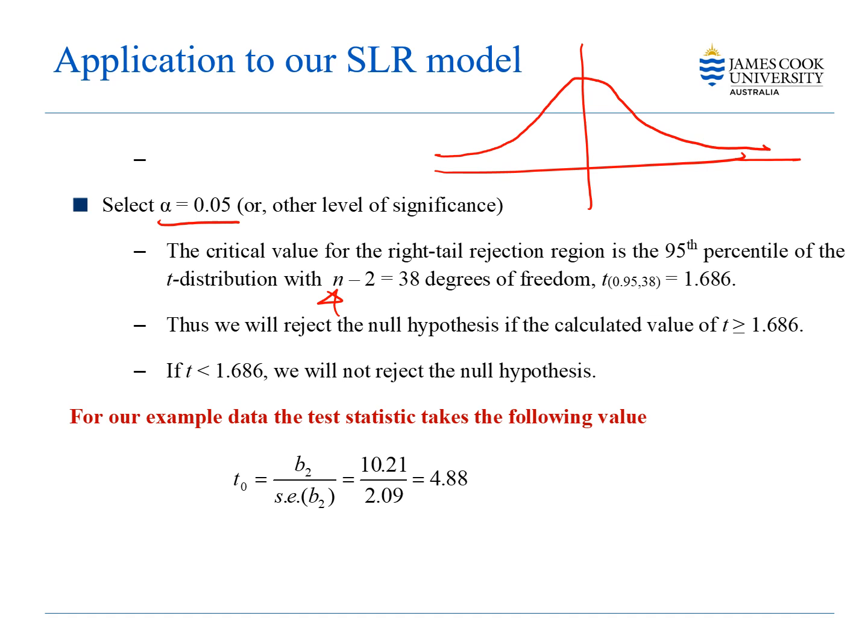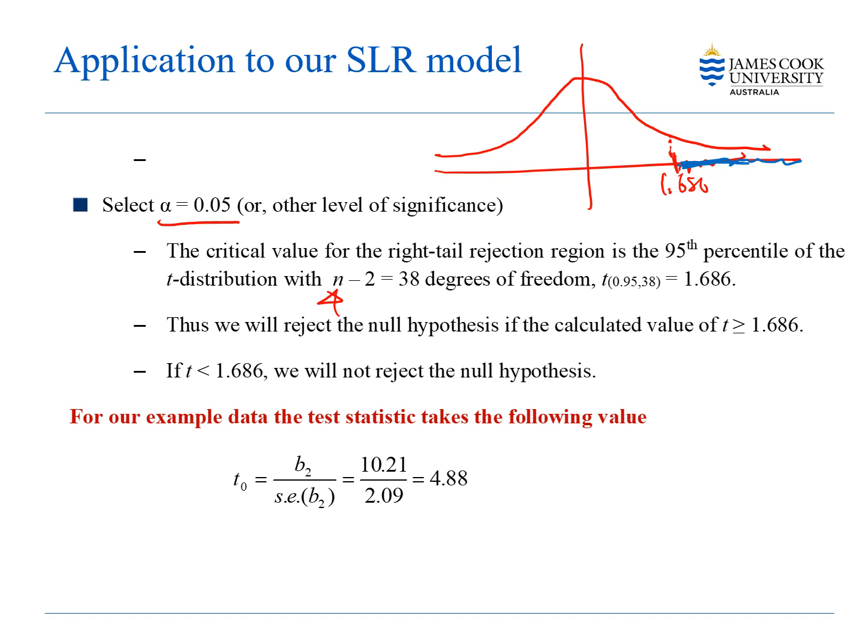The critical value tc is 1.686. So any value bigger than 1.686, we will reject the null hypothesis.